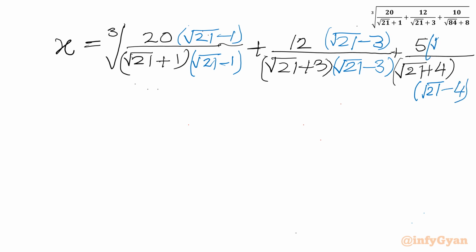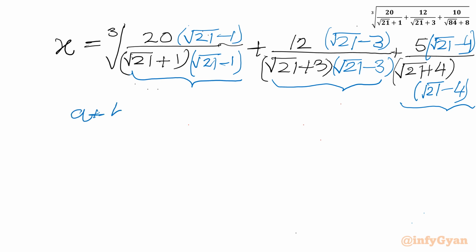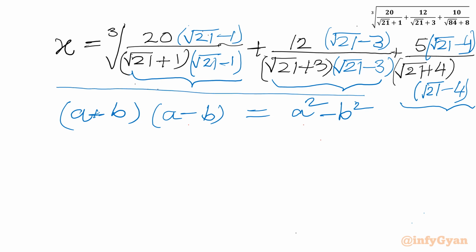Now the denominator is in the a plus b times a minus b form, so I can use the identity a plus b times a minus b equals a square minus b square. Let us use this identity.